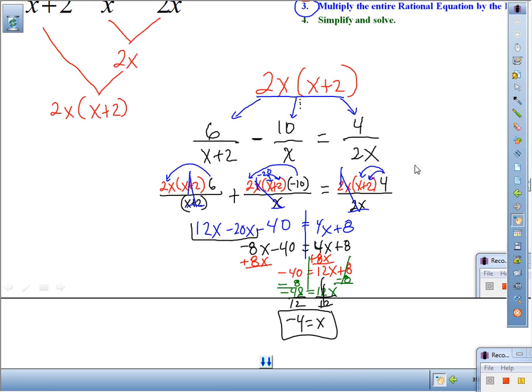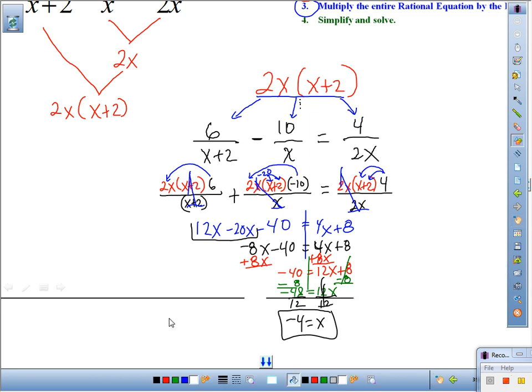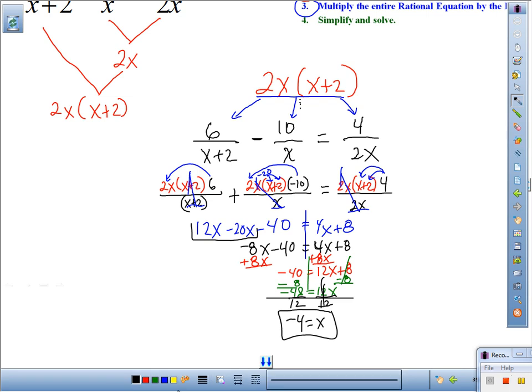There it is. However, are we done? No. Excluded values. Our denominators are what? x plus 2 equal to 0. What else? x equal to 0 and 2x equal to 0.